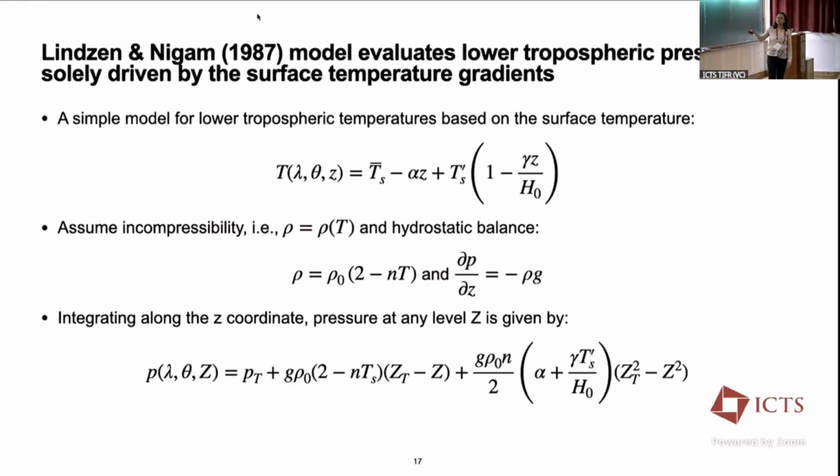The second thing they did was assume incompressibility and hydrostatic balance, so density is a function of temperature alone, and they wrote the pressure in terms of the hydrostatic balance. The last step was to substitute this into this and integrate with respect to z, and that gives you the pressure at any vertical height.